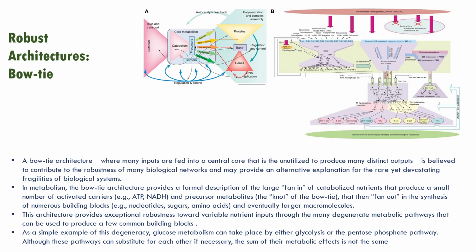It's not the same as when they work together, because the cell knows when to use glycolysis and when to use the pentose phosphate pathway. There are other elements also involved. Depending on the requirement of particular intermediates, the cell will go through either glycolysis or the pentose phosphate pathway, but its metabolic effects will not be the same. But it is a redundancy within the system.